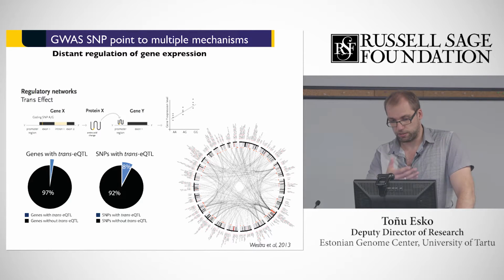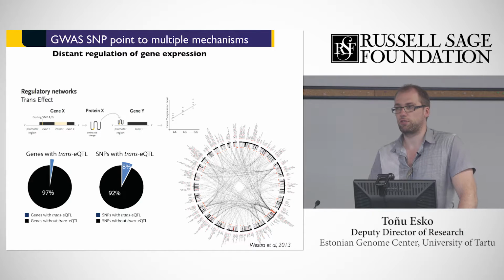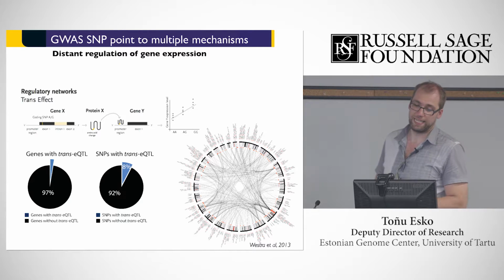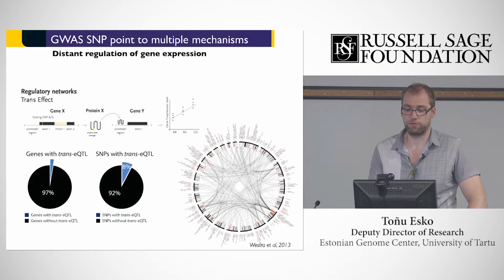And again, if we discuss these distant effects a little bit, here we took all the genome-wide association signals available at the time, so it was 4,000, across a wide range of phenotypes. And then we again asked if those SNPs have a direct effect on gene expression across all the chromosomes, and quite surprisingly, 8% of the 4,000 SNPs actually had an effect on gene expression, regardless of the chromosome.